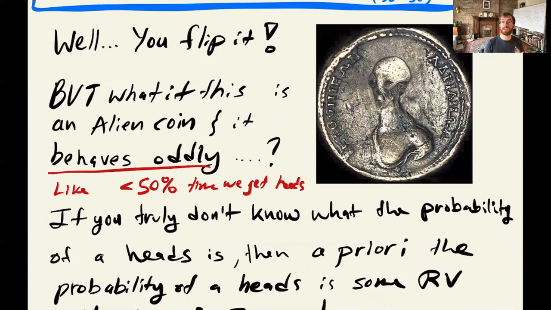So how would we actually go about proving this, and then saying what our certainty is about how the probability of a heads is distributed for this particular bizarre coin that might have weird magnetic properties or something?